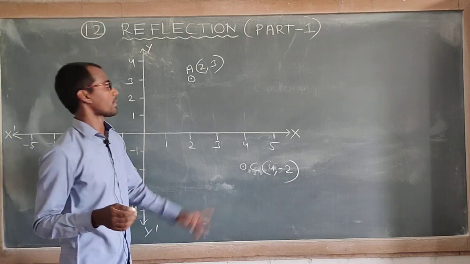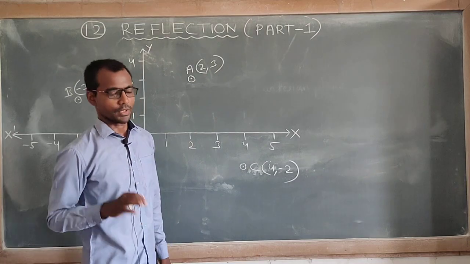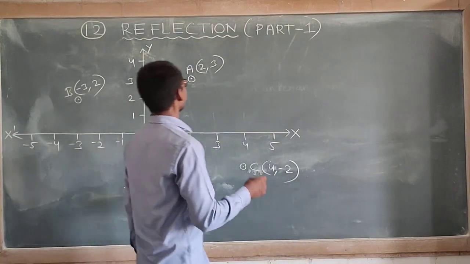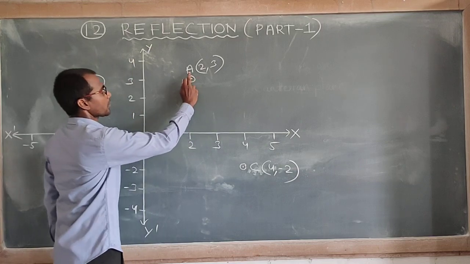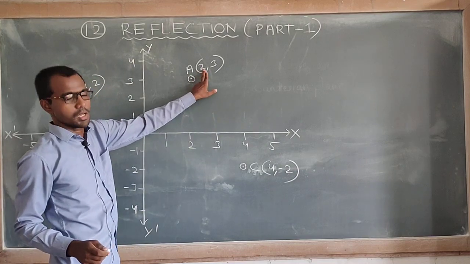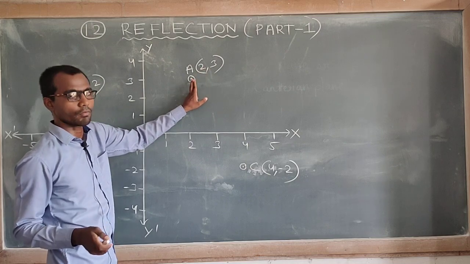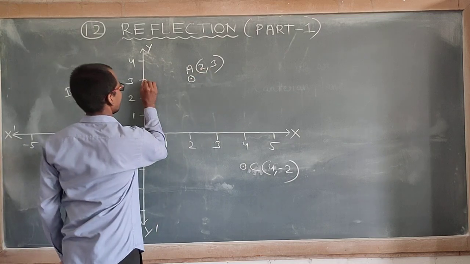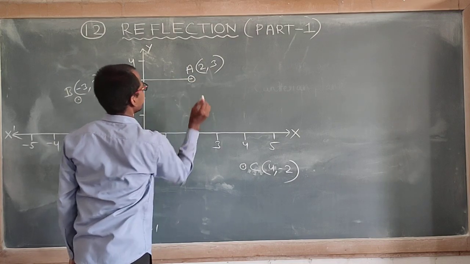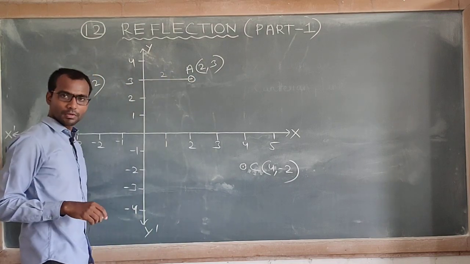Now we have to understand what the x coordinate and the y coordinate are. I have already told you in class 9, but again I am explaining. See here, the x coordinate of A is 2. Now, what is the distance of A from the y axis? This distance is 2 units.